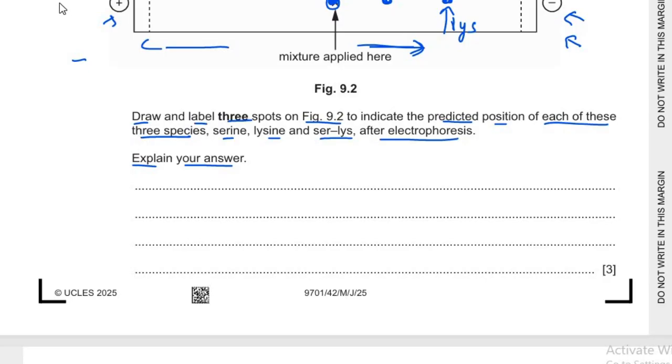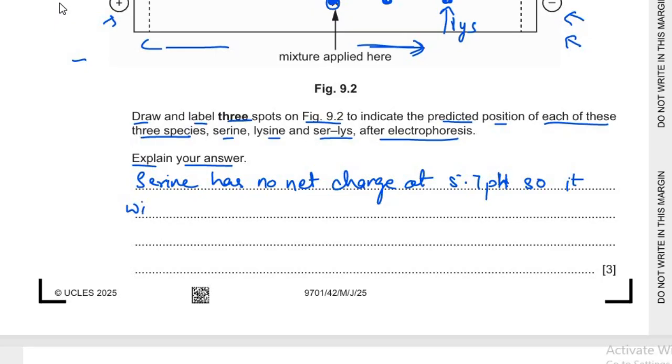So we are going to give the same explanation: serine has no net charge at pH 5.7, so it will not move.